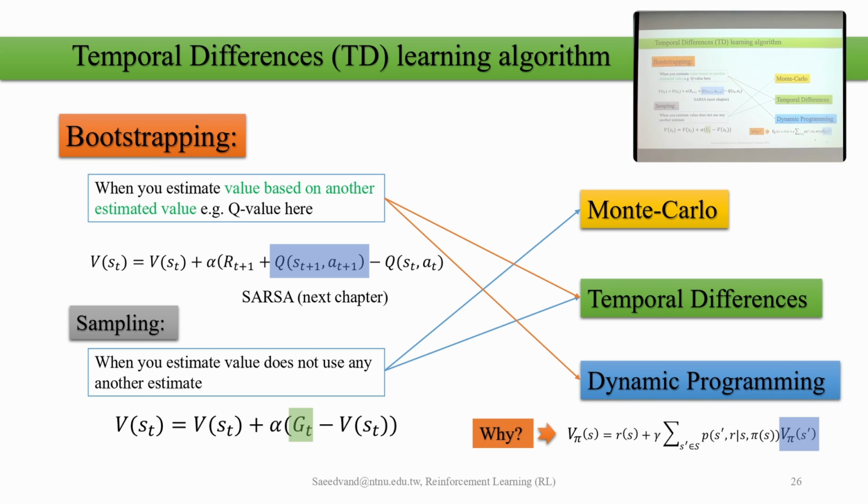For example, TD1 is based on sampling. Clear for everybody? Okay, good. So all these concepts are going to be used, and we are going to build advanced techniques based on these basic concepts of reinforcement learning.